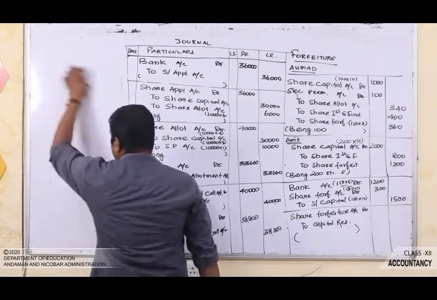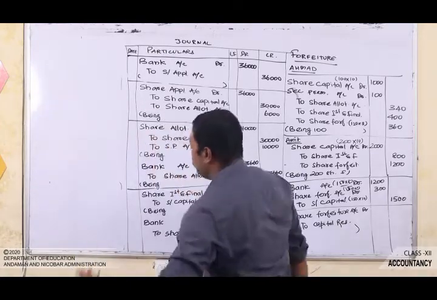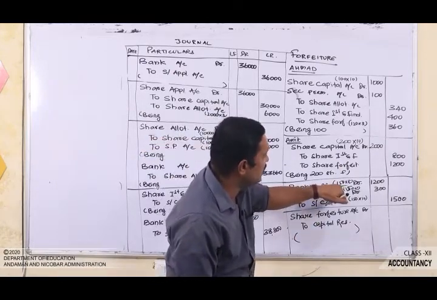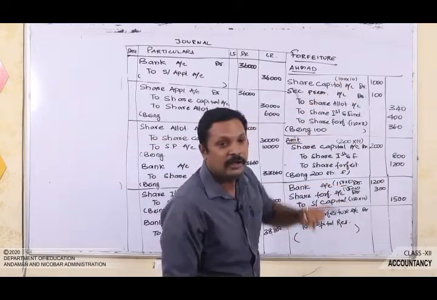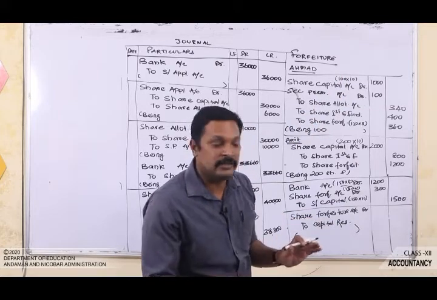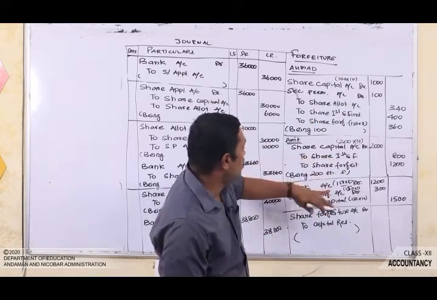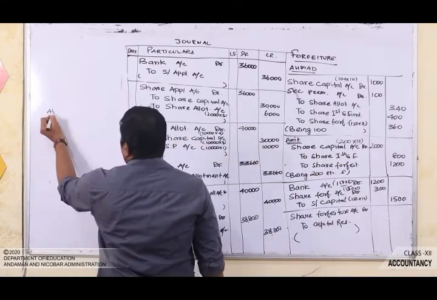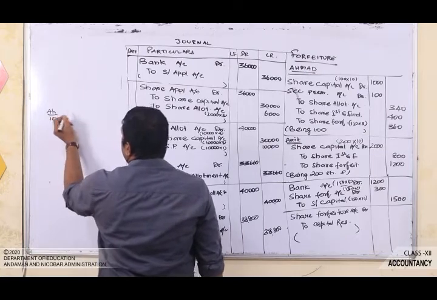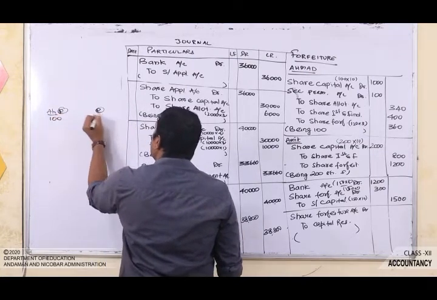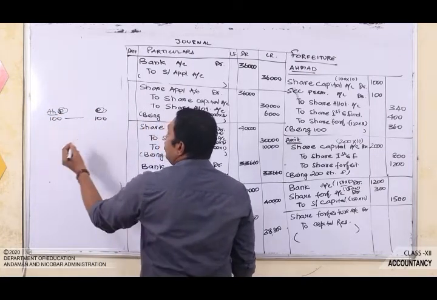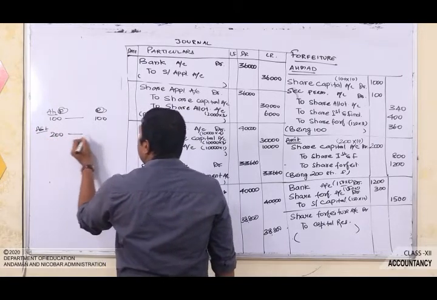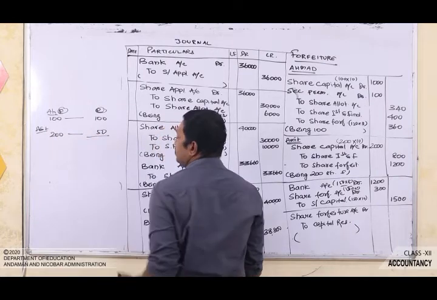Just mind it, there is no problem with Ahmed because the 150 shares include all of Ahmed's shares. There is only a problem with Amit, because Ahmed forfeited 100 shares and reissue is also 100. But Amit forfeited 200 shares, and we reissued only 50 shares.